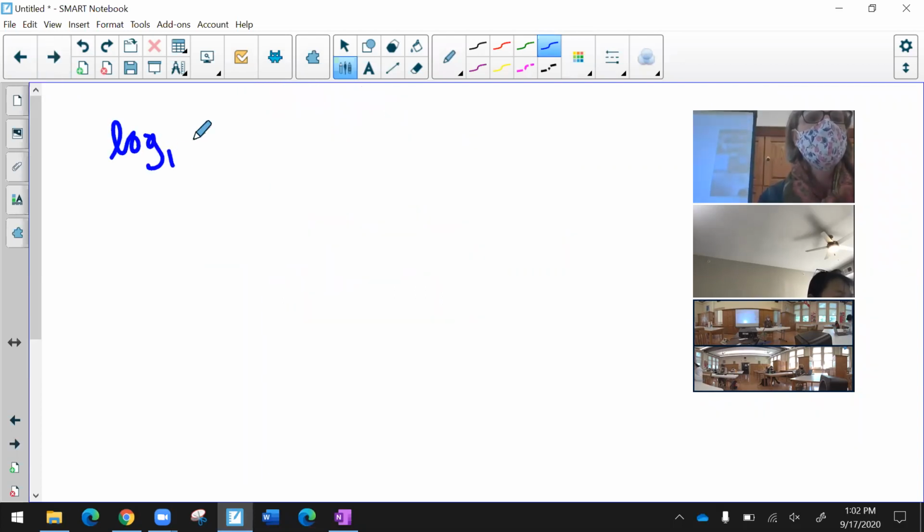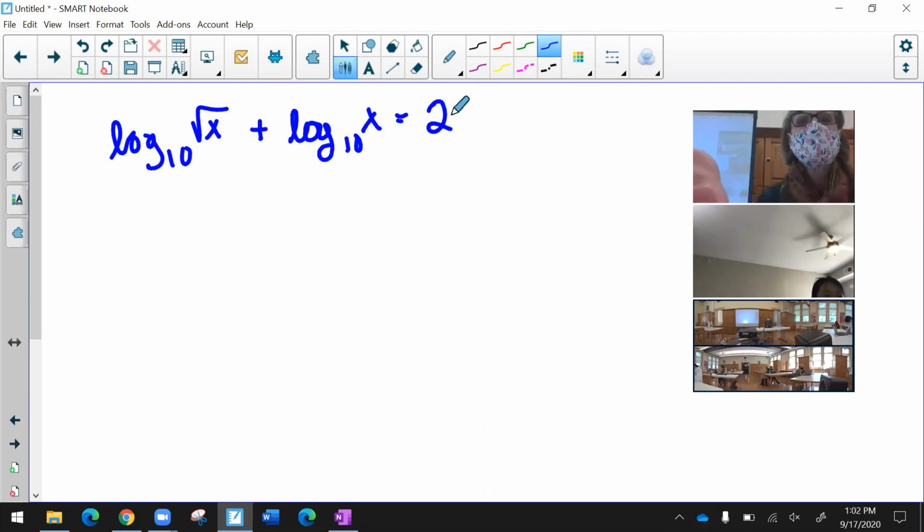I have log base 10 of radical x plus log base 10 of x equals 2. Anybody have any ideas? Go ahead, Dagny.